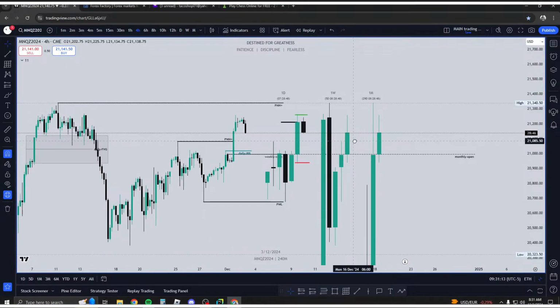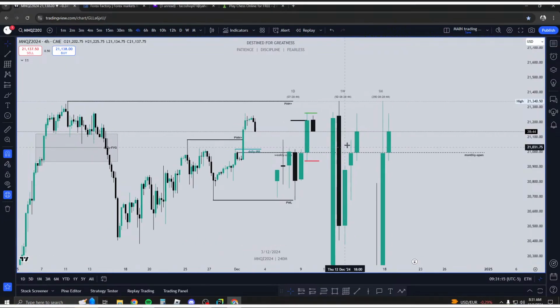Because we completed our weekly objective yesterday, this is why I would switch over to the intraday models, or the daily candles, for a daily bias instead of a weekly bias now. And like I said before, because of how bullish we closed yesterday, I'm going to anticipate that we're going to take out previous day high.